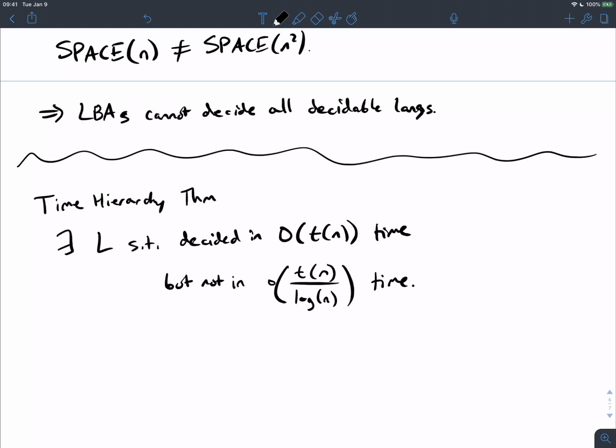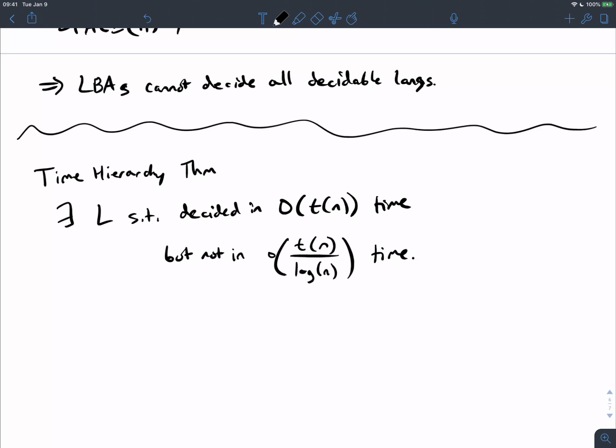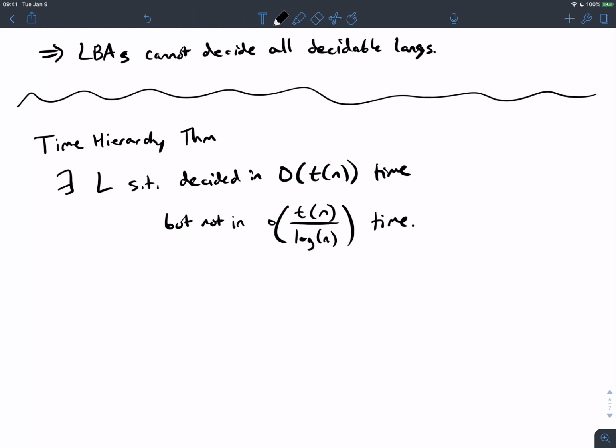But we'll discuss a consequence of this. But why is this true? Well, if we want to actually do the same strategy where we mark off how many transitions we can actually do, computing that number, the amount of transitions we're allowed to take, takes time. So that's why we can't get little o of T of n time. And this is actually another open question.